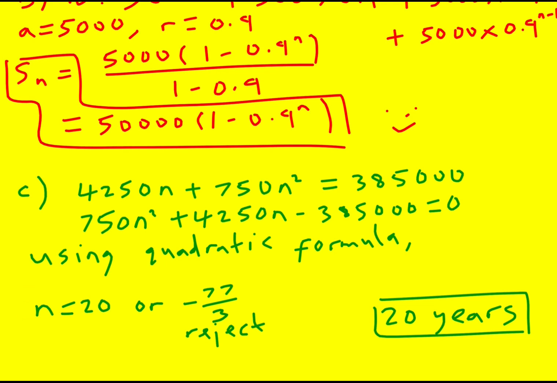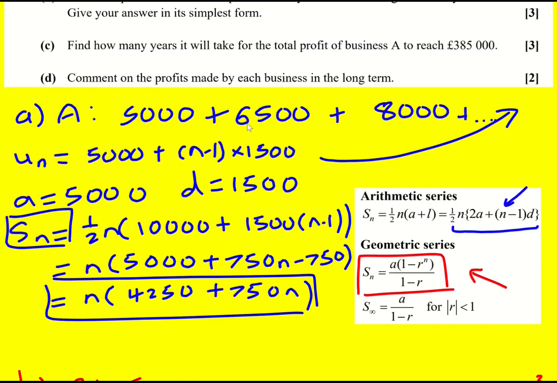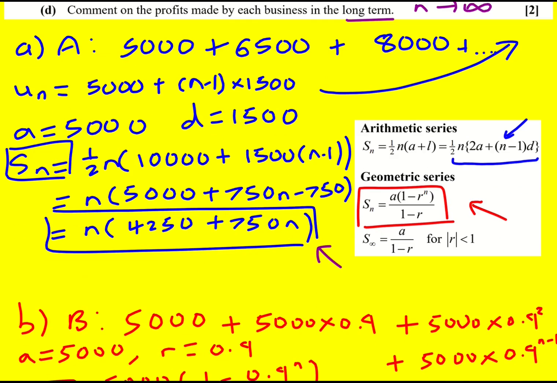Okay, good. Right, very last part. We're asked to comment on the profits made by the business in the long term. So that essentially means that n approaches infinity. Let's take a look at both. This one here is a quadratic, and it's always going to continue to grow.